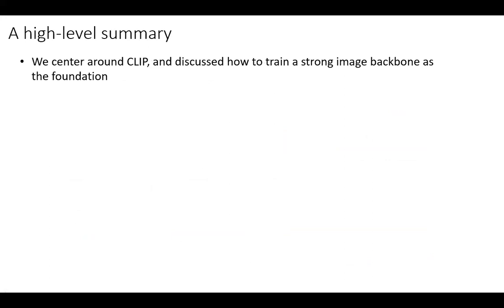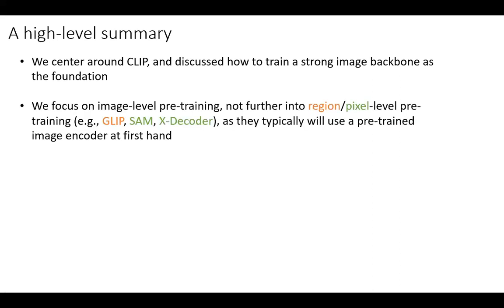And here comes a high-level summary. In this brief part of my tutorial, I centered around CLIP, and we discussed how we can train a strong image backbone as a foundation. We only focused on image-level pre-training.